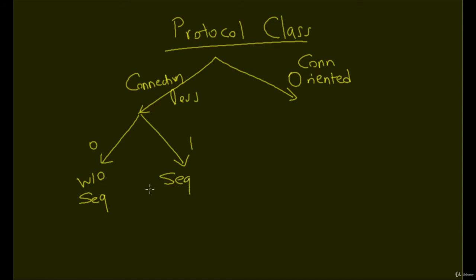Okay. So when the protocol class 0 is used, it means that the datagrams can arrive in any order because it may be routed via different link sets. So it may so happen that the one which was sent later arrives first because it arrived from a different, speedy link set. So that kind of missequencing can occur when a connectionless protocol is used with the protocol class 0.